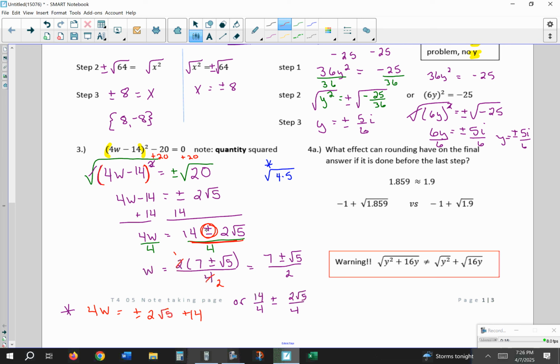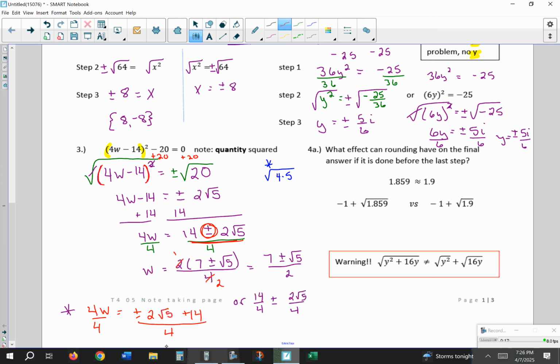So that's one of the reasons I don't like it. And if this 2 on the square root of 5 was an integer, we tend to get confused on how to do the plus version plus the 14 and the minus version with it. So just be aware of, if you change up the order of things, that you're being extra careful of those nuances.